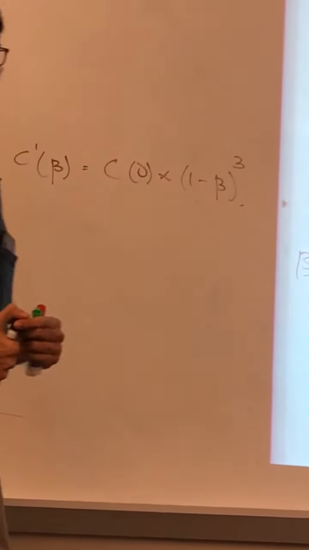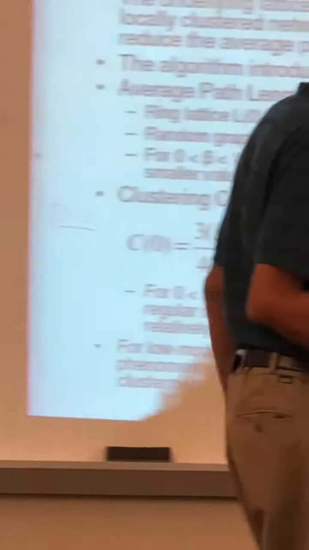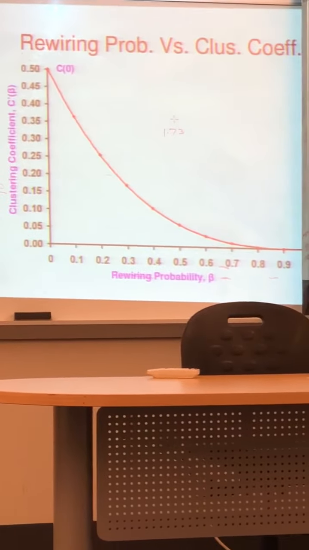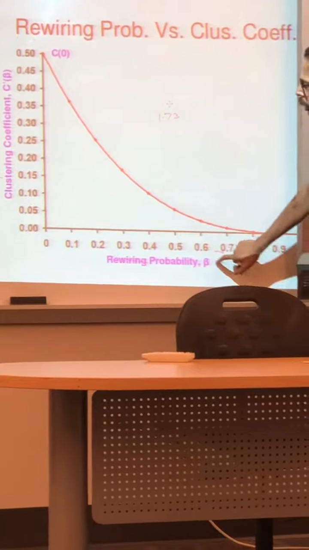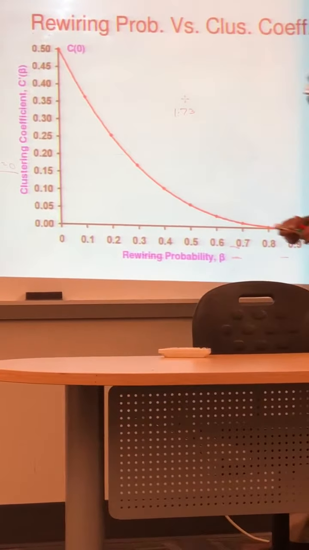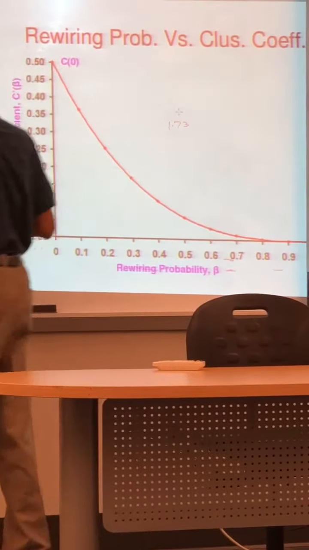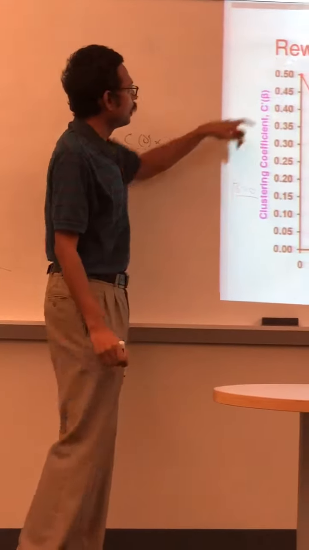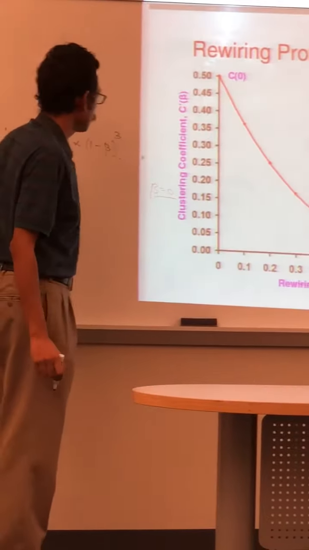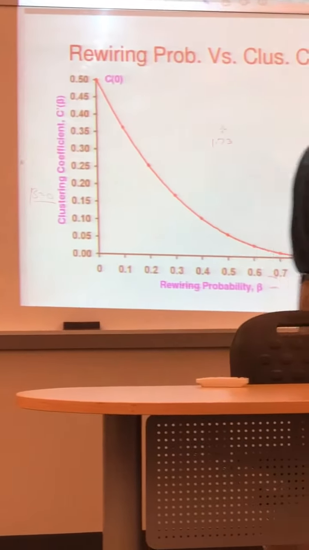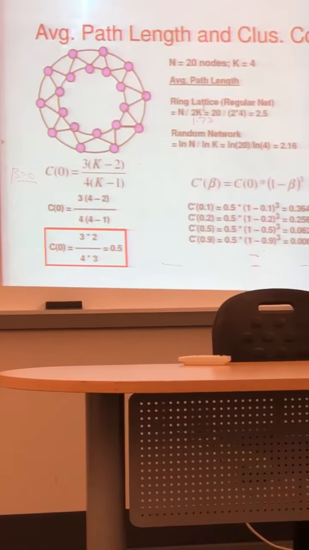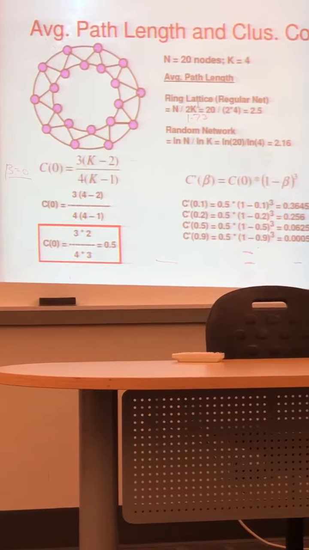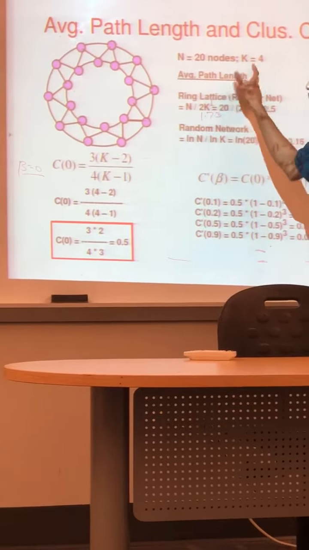Is that clear? So if you plot this function, I think I have used some numbers, let me check. K equals 4. Yeah. So let us use K equals 4.